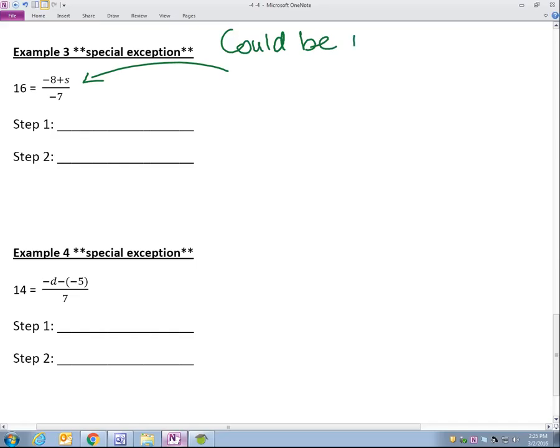So I want you to write this, because there's actually inferred parentheses there. Inferred parentheses, that's actually what that is.